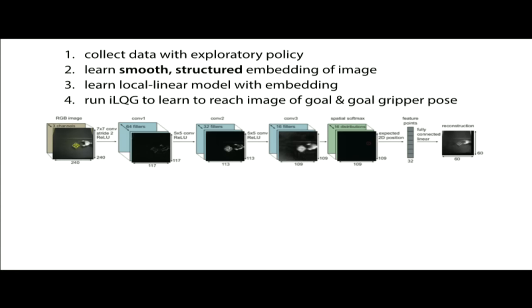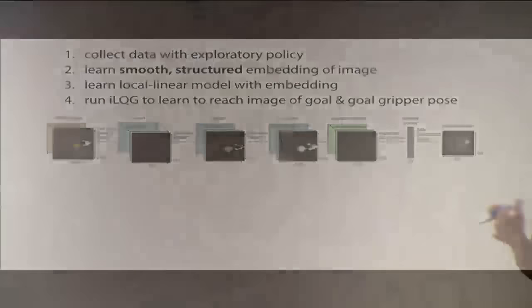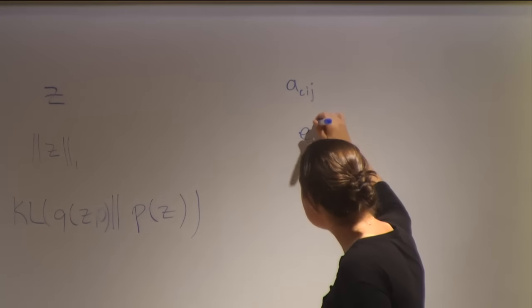And so mathematically, how this works is that the softmax, say the last feature map is A for activations, and it has indices c, i, and j: c for channels, i for the x coordinate, and j for the y coordinate. And then the softmax works by exponentiating.